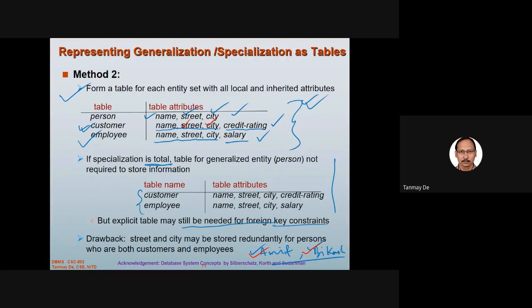For example, suppose Amit changes his address, say city from Durgapur to Asansol. At that time, that address city needs to be changed in both the customer and the employee table. Person table is required, of course. The address of Amit can be reflected in the person table.